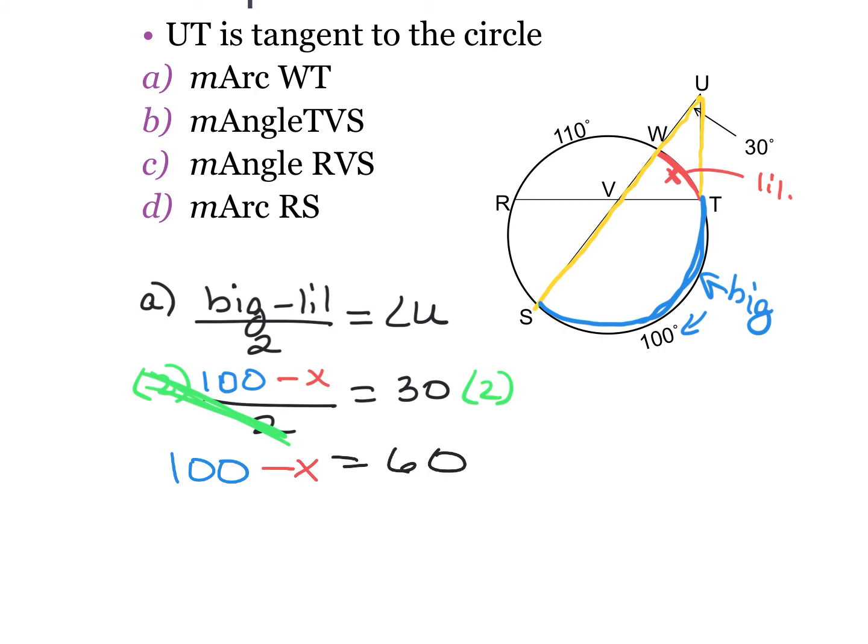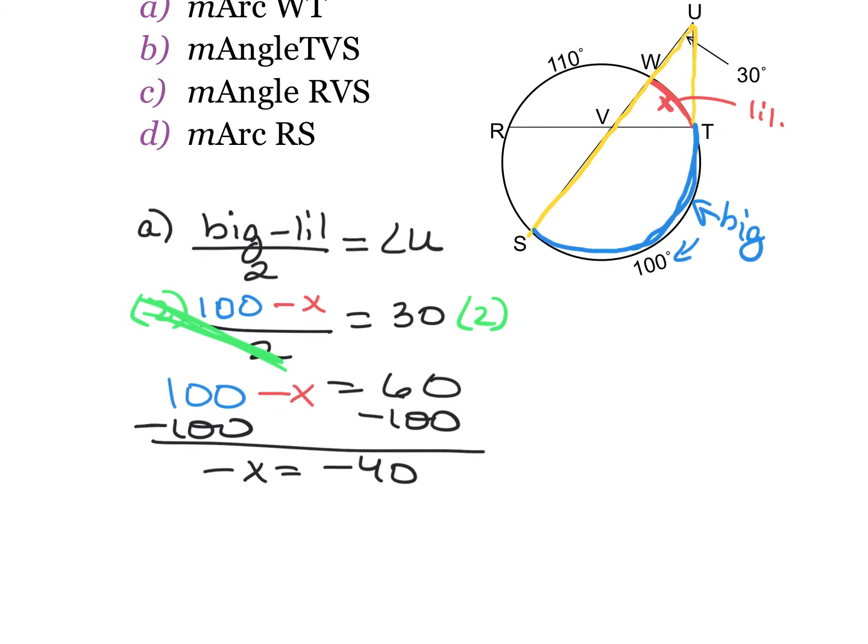I need to get X by itself, so I'm going to subtract 100. Negative X equals negative 40. Divide by negative 1, and X equals positive 40, which is the measure of WT. So arc WT is 40 degrees.